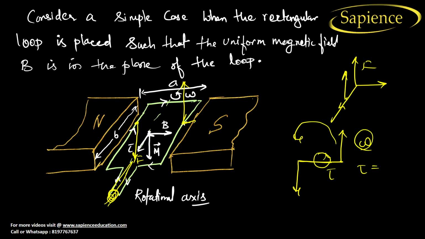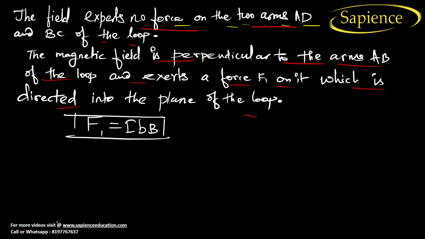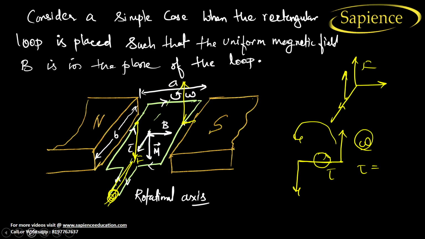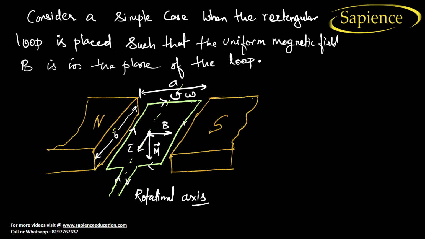Try to understand this. I hope you have understood. So finally, F1 is the force which is directed into the plane of the loop. The force will be equal to I times b times B, where B is the magnetic field. What is b? See, this length is the b length, the total length of the wire, and on this side the length of the wire is a.